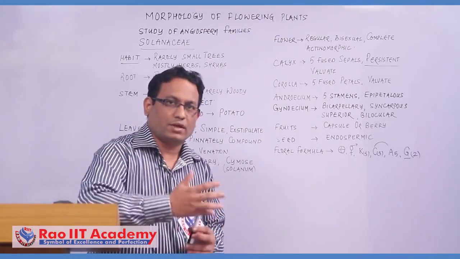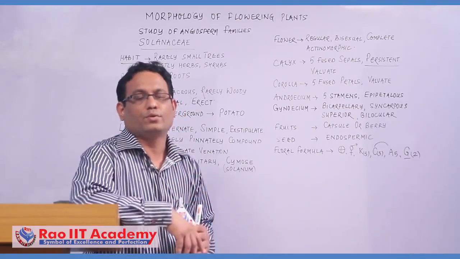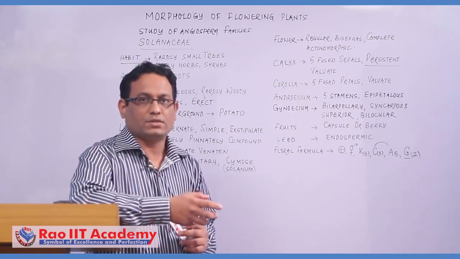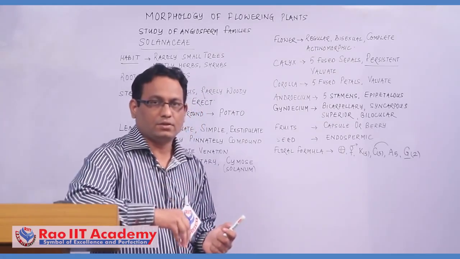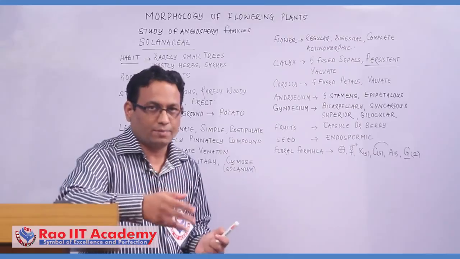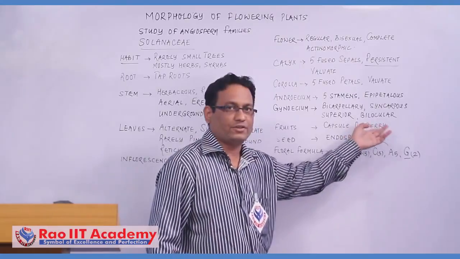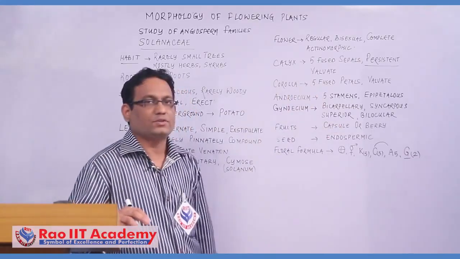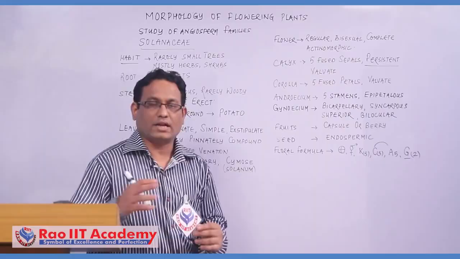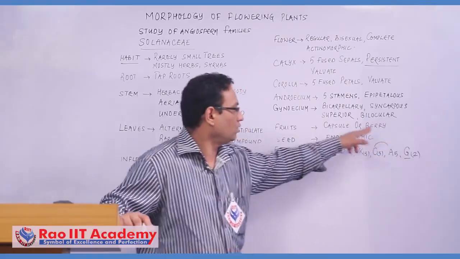Among the fruits, classified into simple, aggregate and composite, in simple fruits we had a brief understanding about dry fruits, which can be dehiscent, indehiscent or schizocarpic, and fleshy fruits. Berry is a type of fleshy fruit. Examples of berries from the family Solanaceae would be tomatoes and brinjals. These are distinct examples of berries.